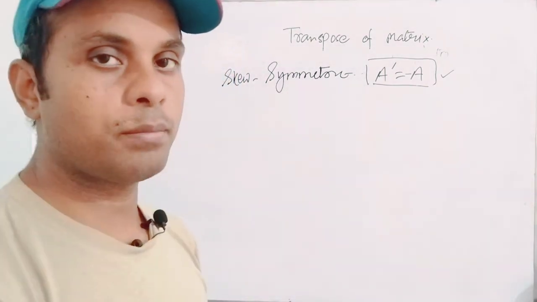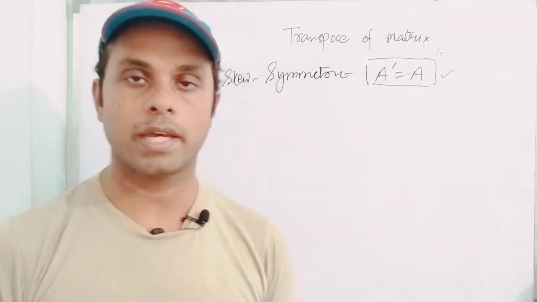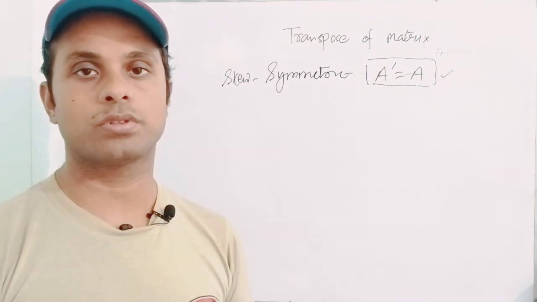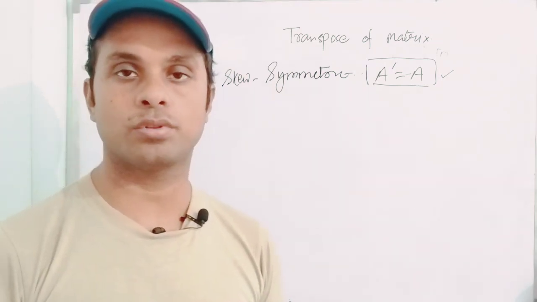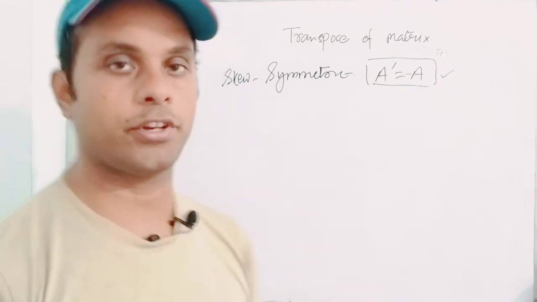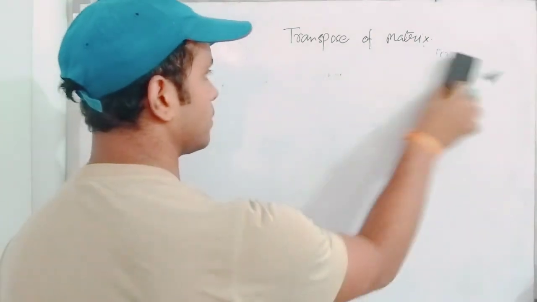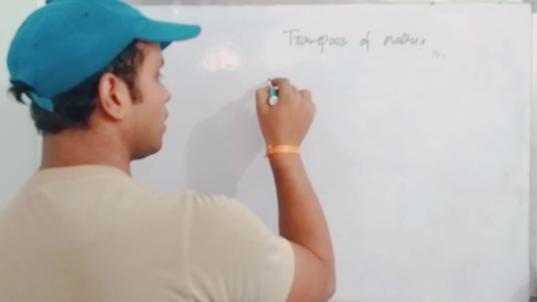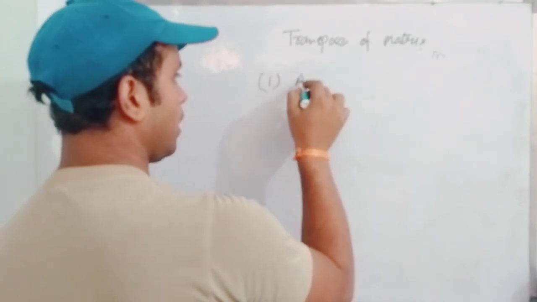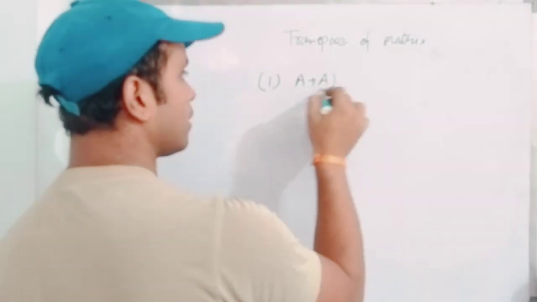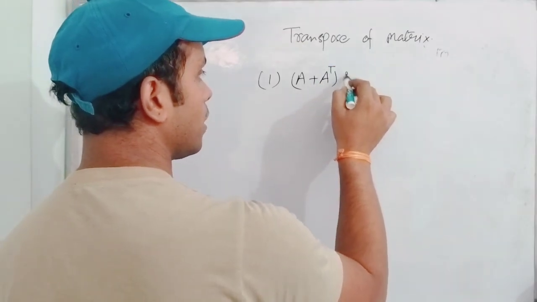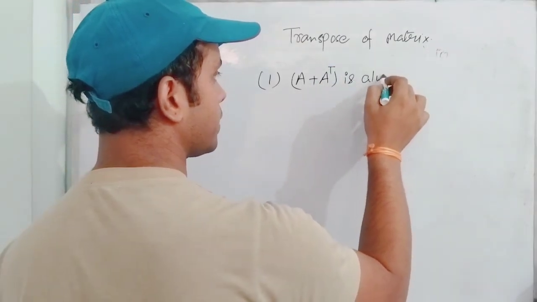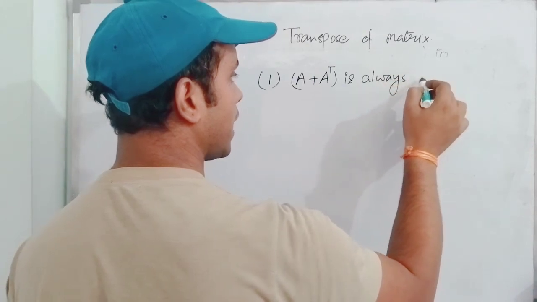if you are given a matrix A, then A plus A transpose is always symmetric and A minus A transpose is always skew-symmetric. Remember the fact.